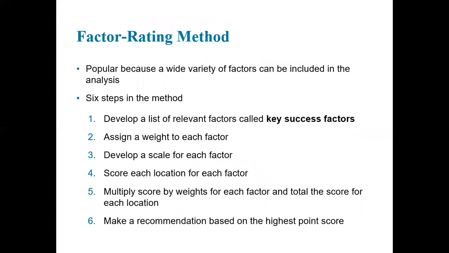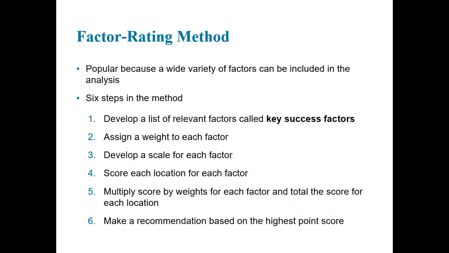Okay, when you decide to make a location decision on the basis of the factor rating method, you're basically trying to figure out what are the different things that we need to look out and make sure that we capture that will lead to the success of this specific location, and in tying that success to the overall objective of our organization. Okay, so for the person using a factor rating method, you have to come up with a list of what we call key success factors.